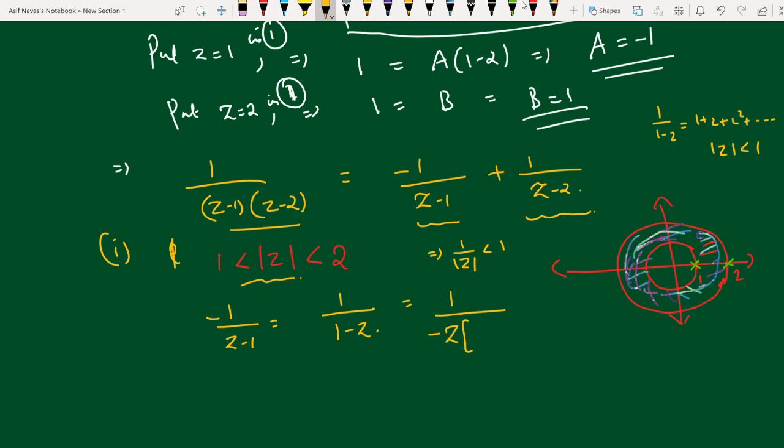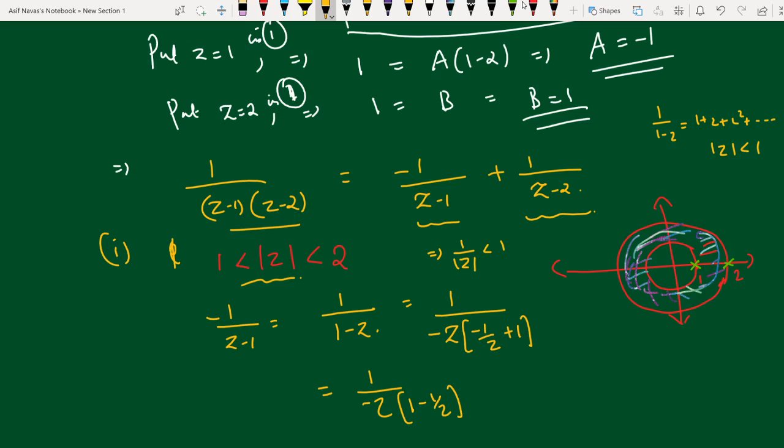I am taking minus z outside. So this becomes minus 1 by z into 1 by 1 minus 1 by z.